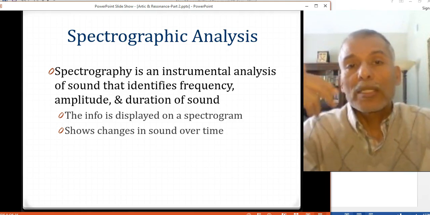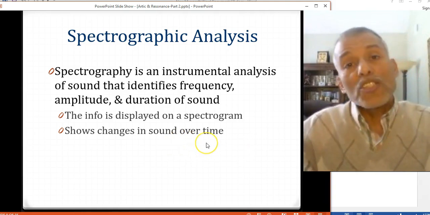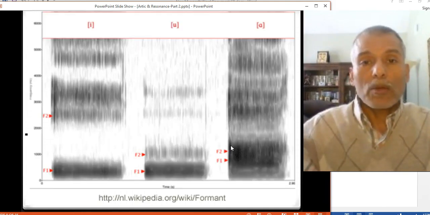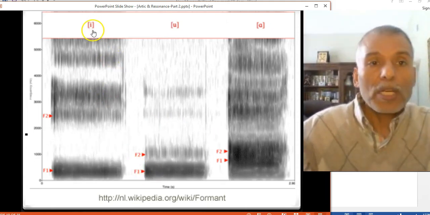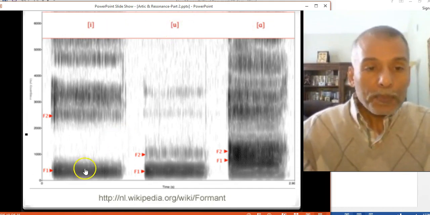The information is displayed on the spectrogram and it shows changes in production while you are making the sound.